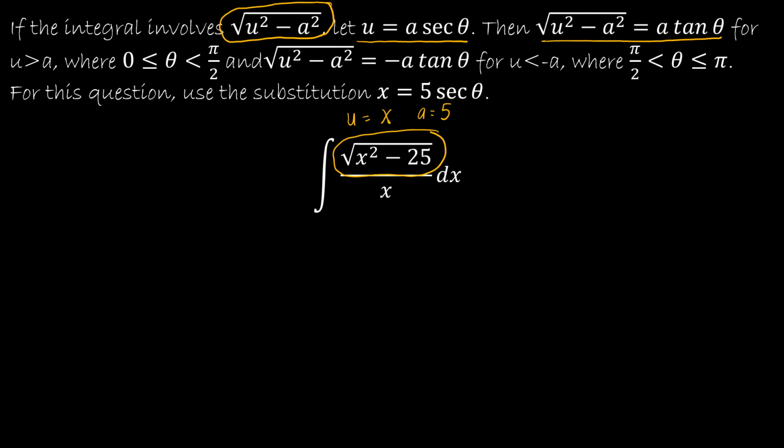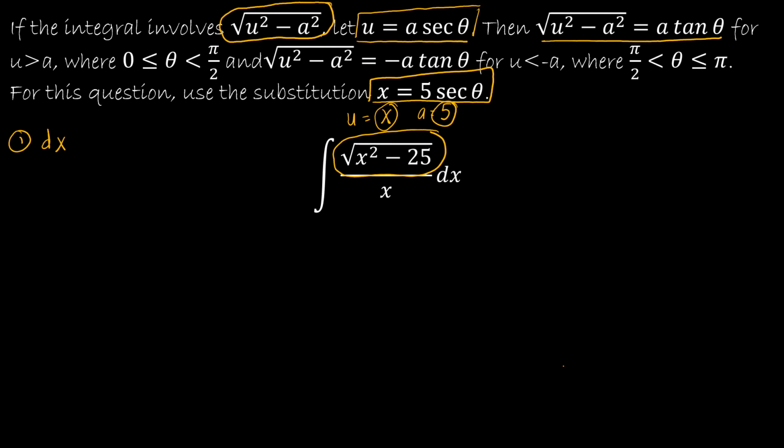So let's go ahead and see how that goes. The first step, just like on our last question, is to find dx. So again, it says for this question, use substitution x equals 5 secant theta, but it doesn't matter if they told us that, because again, the instructions say let u, which is x, equal a, which is 5 secant theta.